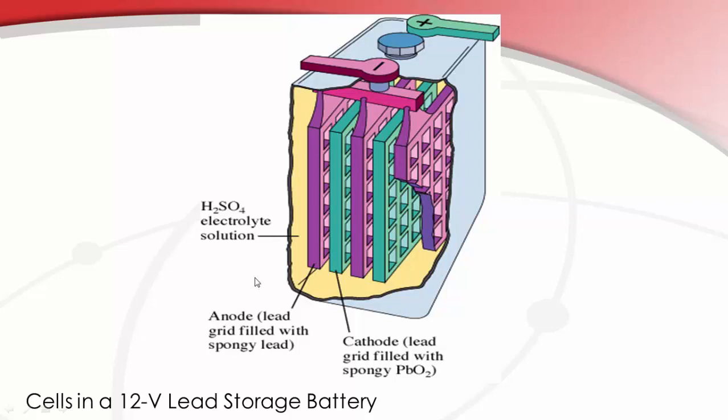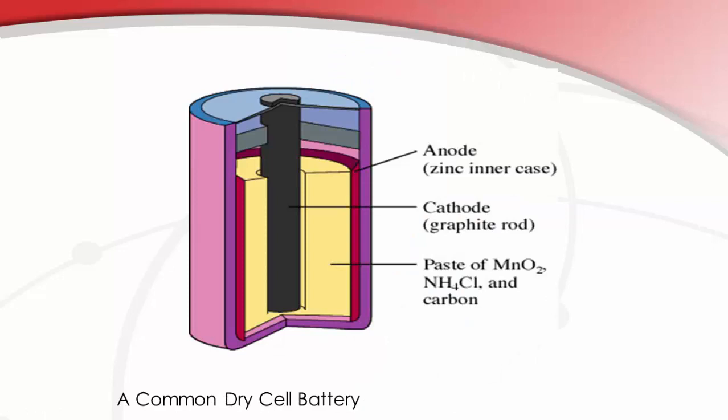And the electrolyte in this case is sulfuric acid. Now, the batteries that we use in our various devices, in a remote control or what have you, are slightly different. So this is a dry cell battery that's based on the anode being zinc, the cathode being graphite, and the electrolyte is a paste of manganese dioxide and ammonium chloride.